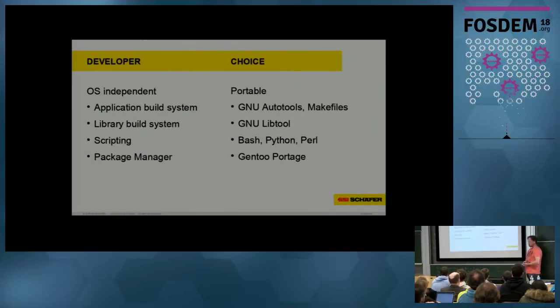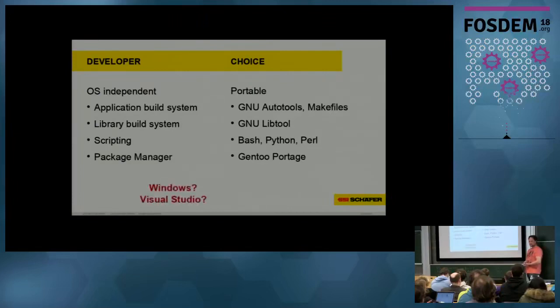And Gentoo Portage is the so far portable package manager, because it doesn't rely so much on the operating system, except for the file system, but on the build instructions. So the real important thing here is the build instructions to be working for any target operating system.